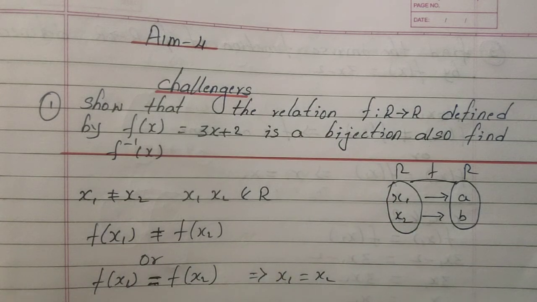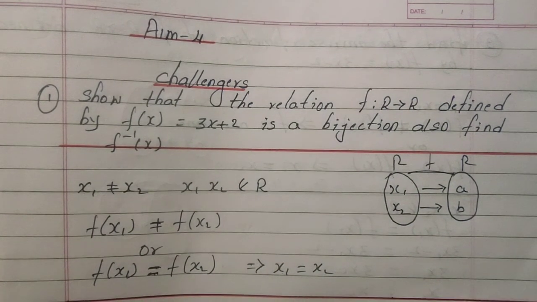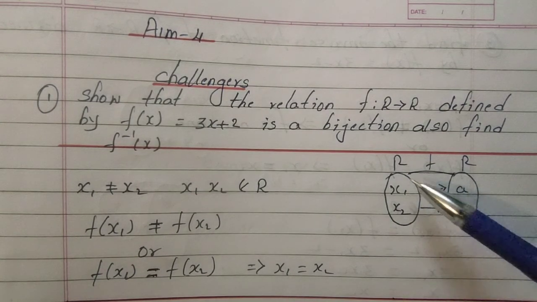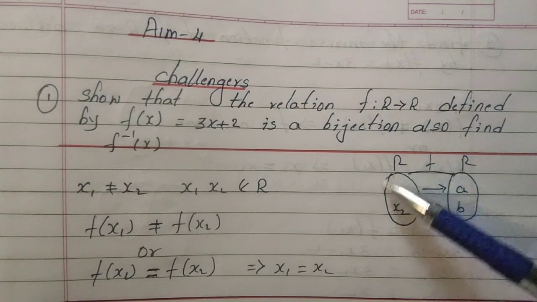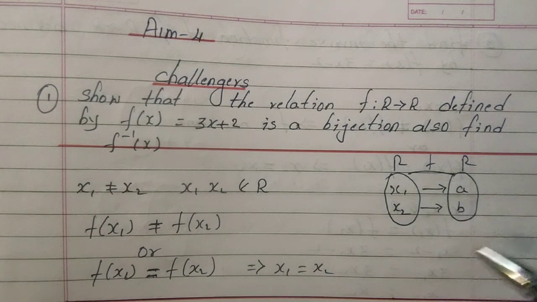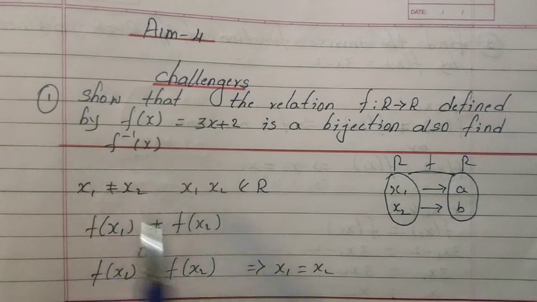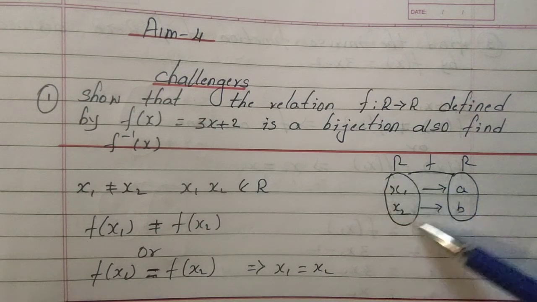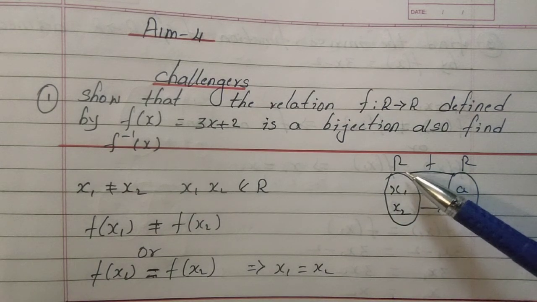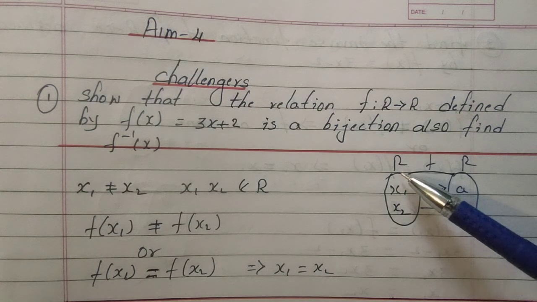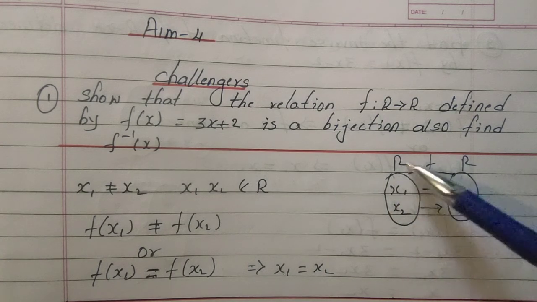So first, what am I doing? Assume R to R, this is set A, set B. Here I have taken x1 and x2 not equal, they are from the domain set A, or they belong to R.